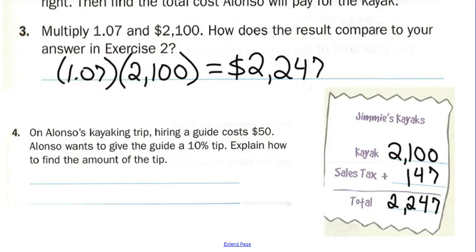So I want 10% of 50. If I'm looking for 10%, that's my part. I'll change that to my decimal, 0.10, and I'll multiply that by my whole amount of 50. So that gives me a tip of $5.